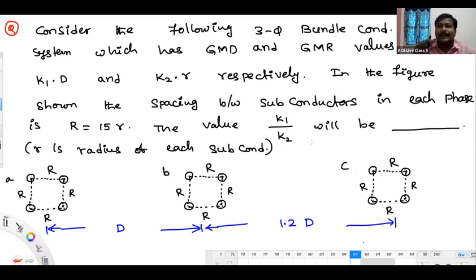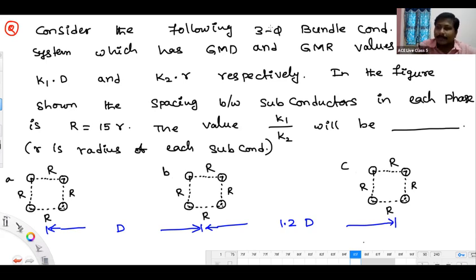See, whatever may be the style or way of asking the problem, ultimately he is asking us to find out the GMD and GMR of the system. The GMD value might come as a constant into capital D. You have to find that constant.